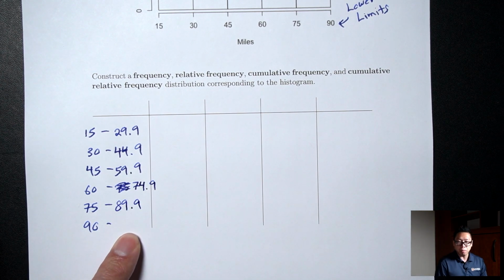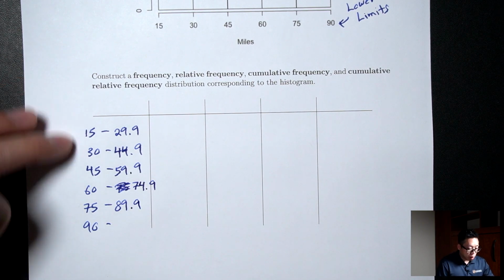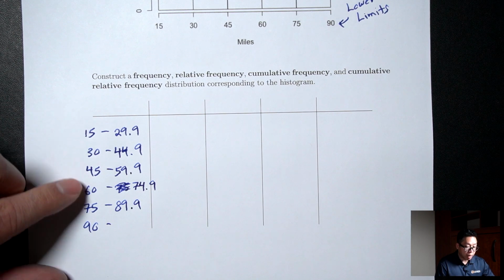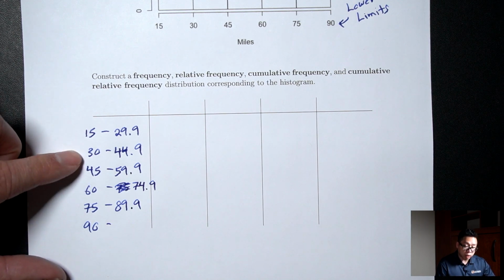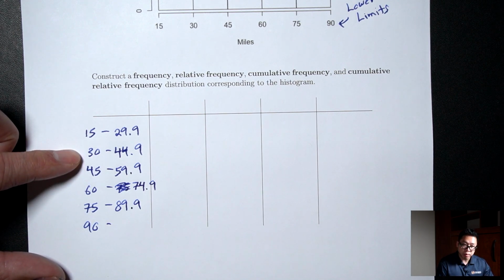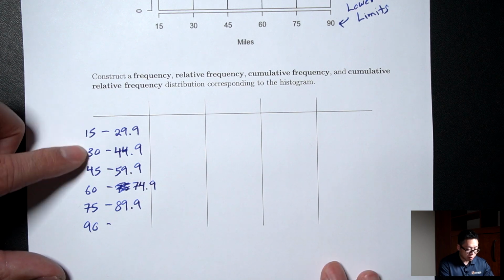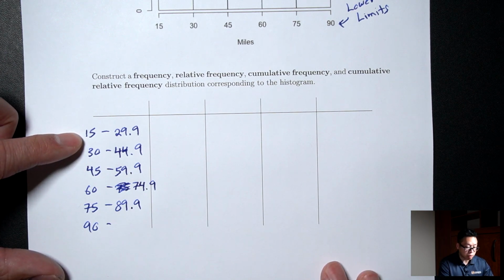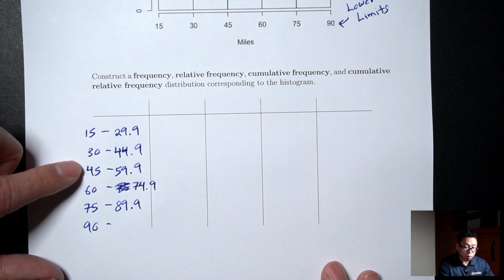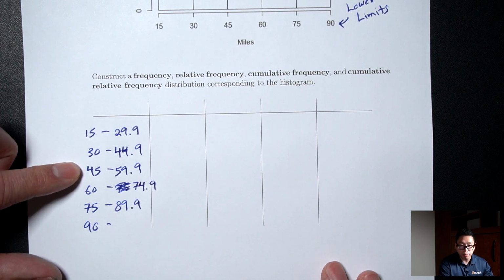How would you find this last one? Well, figure out your class width. The lowers are all going up by how much? 15 to 30, that's going up by how much? You just subtract 30 minus 15 is 15, right? So it's going up by 15. From 30 to 45, that's going up by how much?